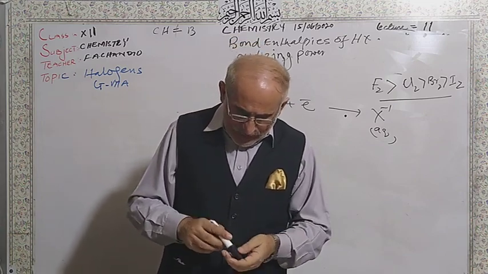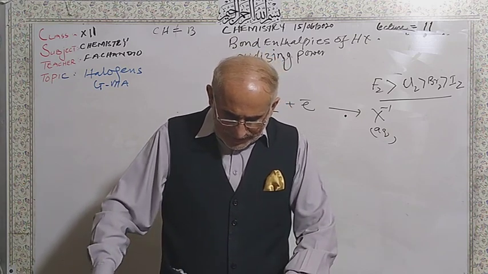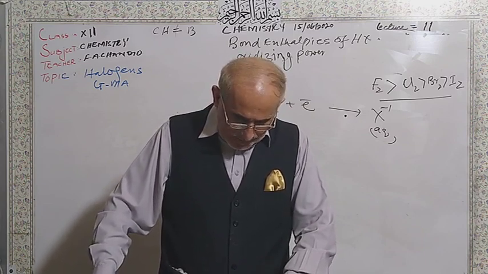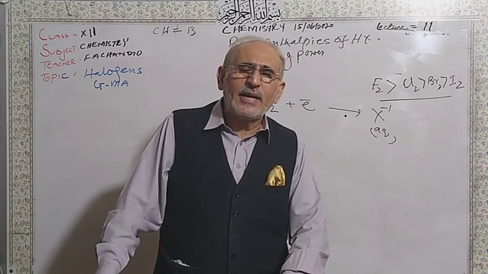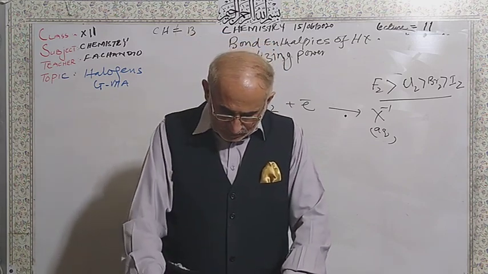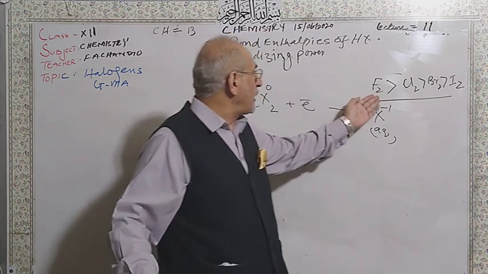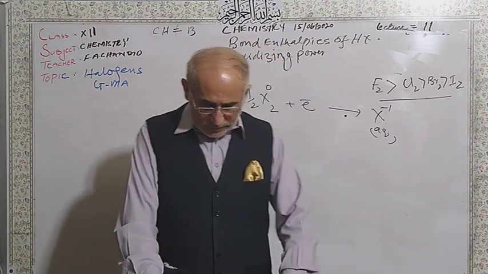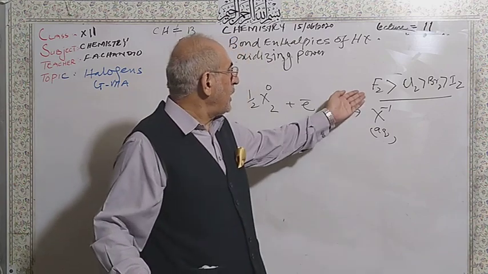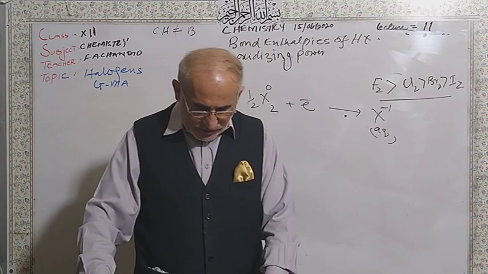The above reaction is accompanied by release of energy, which is made up of many energy terms like heat of fusion and heat of vaporization. It has been seen, as I already told you, that the electron affinity of chlorine is higher than that of fluorine, and oxidizing power decreases as I move from fluorine to iodine. It's already written here. So fluorine is the strongest oxidizing agent and iodine is the weakest oxidizing agent.